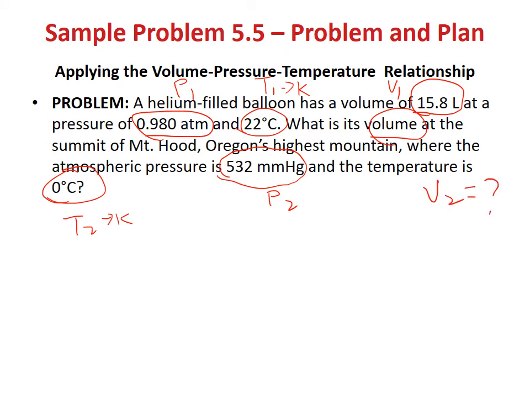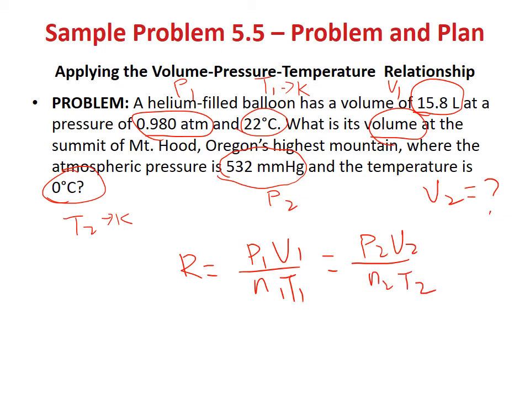We have two different states of the same gas, so we should use the combined gas law. R equals PV over nT, so P1V1/N1T1 equals P2V2/N2T2. Because the number of moles is fixed inside the balloon, N cancels. We have P1, V1, T1 given in state 1.